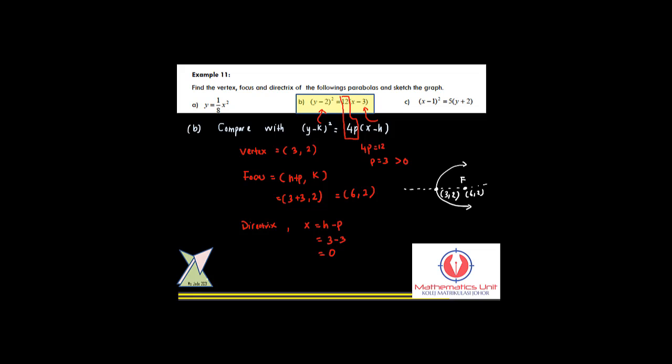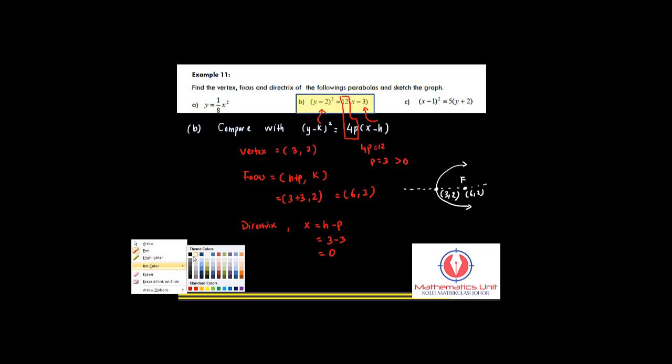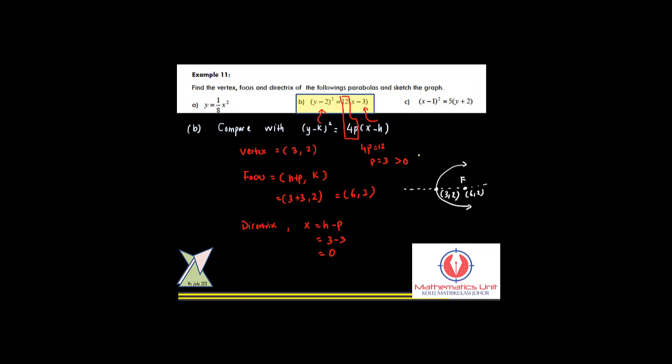And you found that the directrix line coincides with, is parallel to, the y-axis. So you can put a vertical line and straight away label it. Now you have to figure out where the (0, 0) is. So this one is x equals 0, so y equals 0 will be at the bottom. So it's around here. Okay, lastly, this is the graph of the parabola for question B.